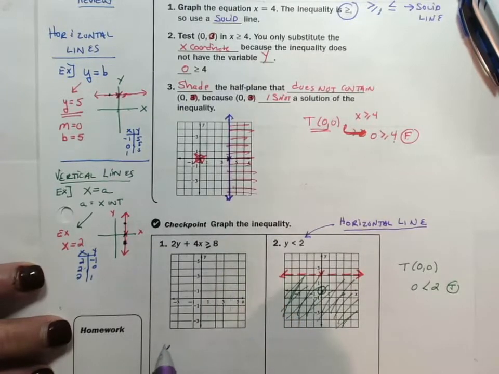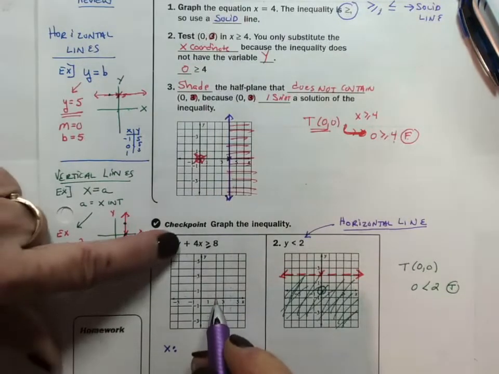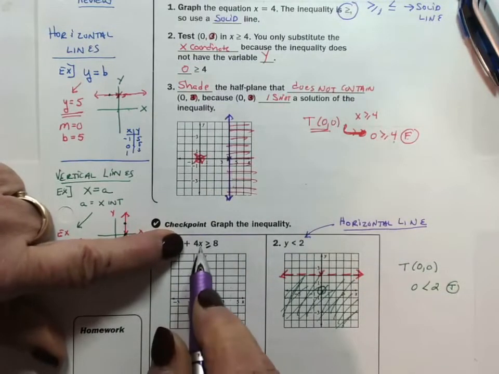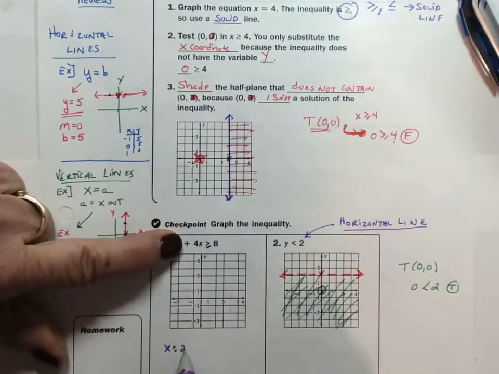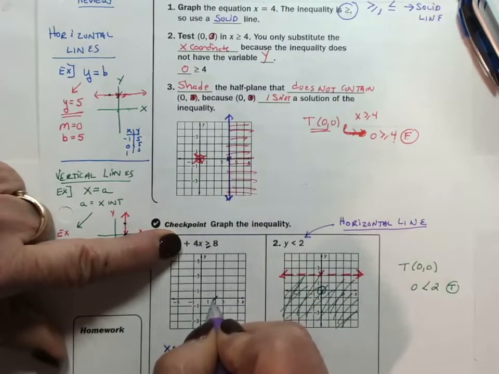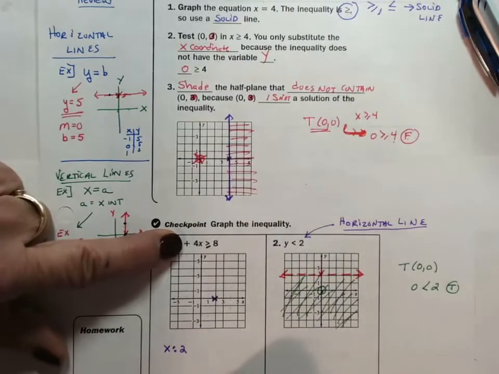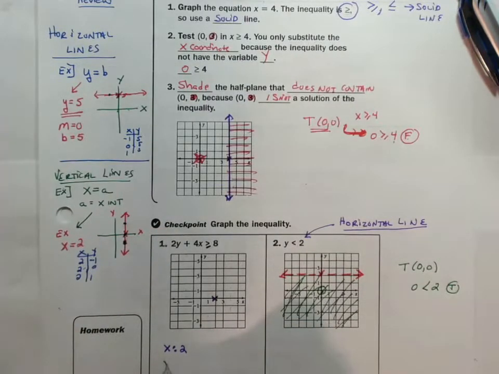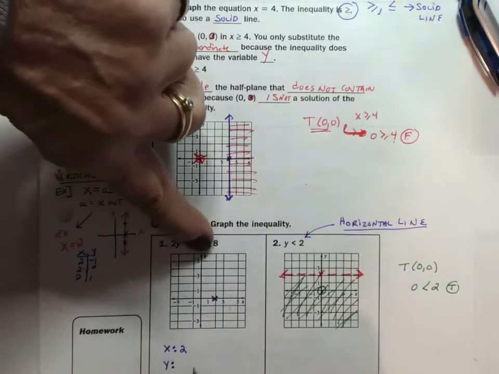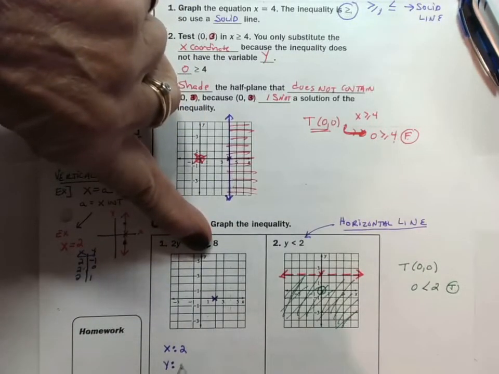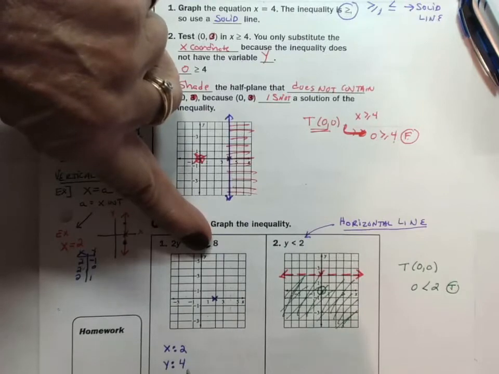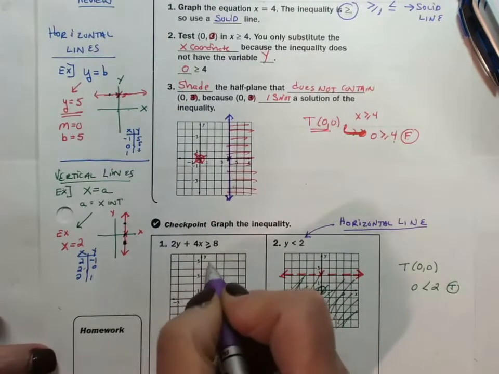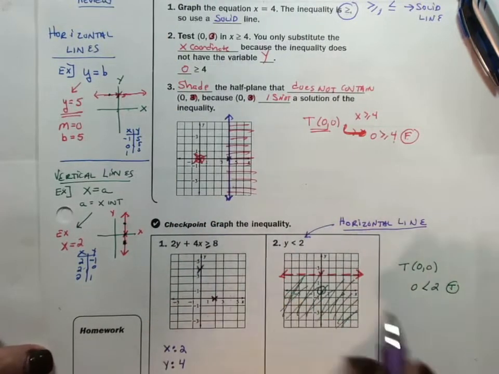If I want to find the x-intercept, remember, I set y to 0, and x is equal to 2. So the x-intercept is at 2. Now to find the y-intercept, I set x equal to 0. So the y-intercept is at 4.